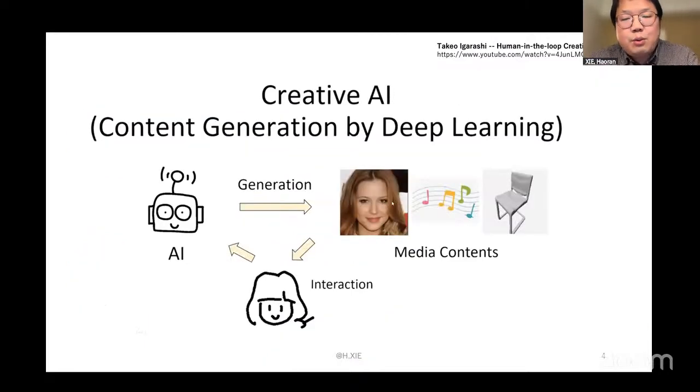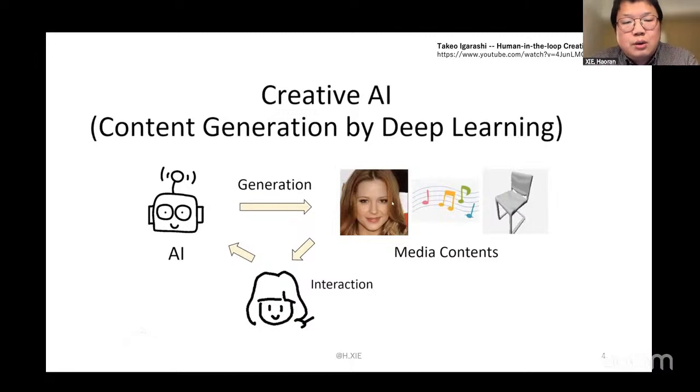This is a slide I borrowed from Professor Igarashi, in which he introduced human-in-the-loop creative AI. We want to introduce that nowadays we use AI, especially generative AI, to do content creation, that is, images, videos, and any content made inside our computer.